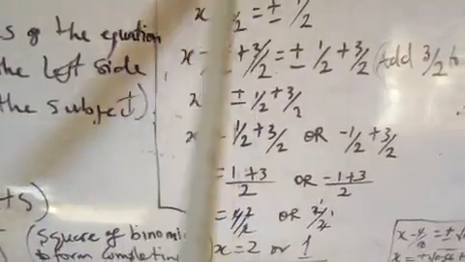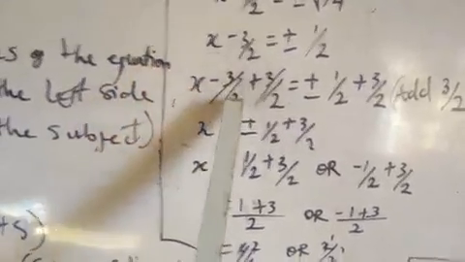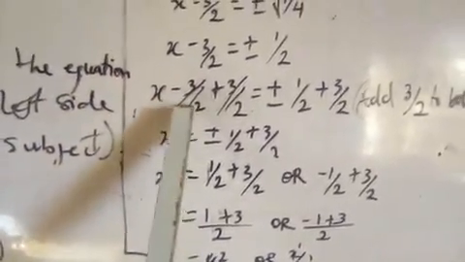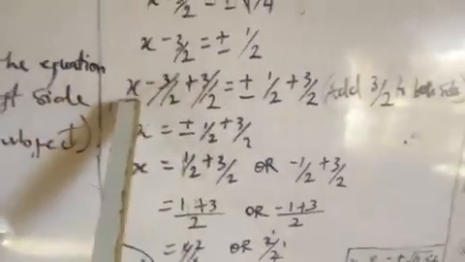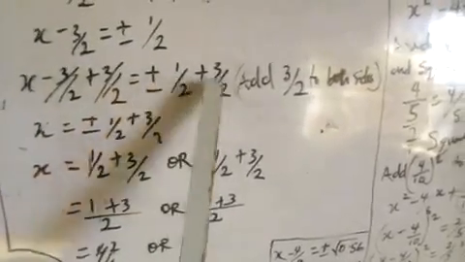Whatsoever things around x is being shifted to the right hand side. You add 3 over 2 to both sides. So if we add 3 over 2 to both sides, this one cancels this, you are left with x. Then you have moved this plus or minus 1 over 2 plus 3 over 2.